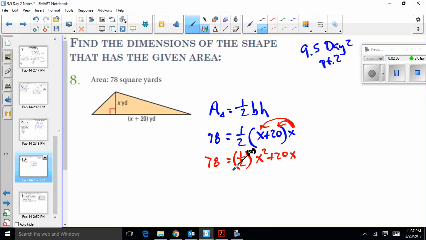However, that would mean I'd also have to multiply times 2 over here. So I get 156 is equal to x squared plus 20x. Then, once I subtract 156 on both sides, I get 0 is equal to x squared plus 20x minus, I'm sorry, 156.